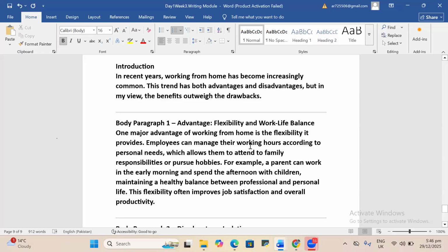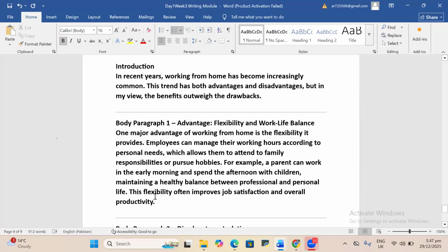Employees can manage their working hours according to personal needs, which allows them to attend to family responsibilities or pursue hobbies. So this is the explanation of your first sentence. And then the example: for example, a parent can work in the early morning and spend the afternoon with children, maintaining a healthy balance between professional and personal life.